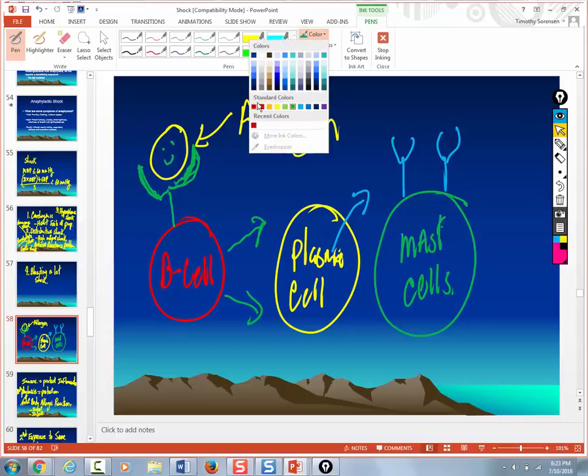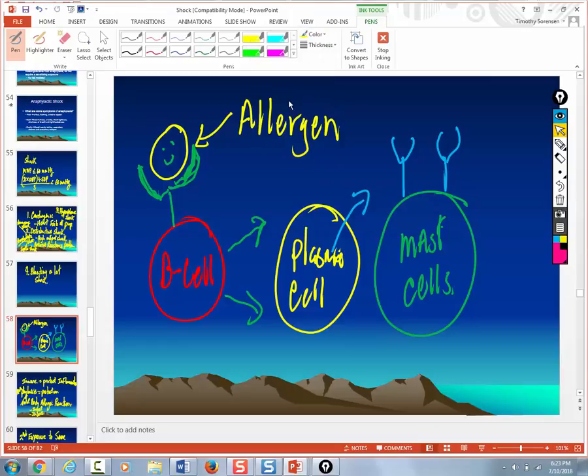So when the allergen is bound to the antibodies that are now bound to the mast cell, when the allergen binds to the antibodies that are attached to these mast cells, the mast cells release histamine.